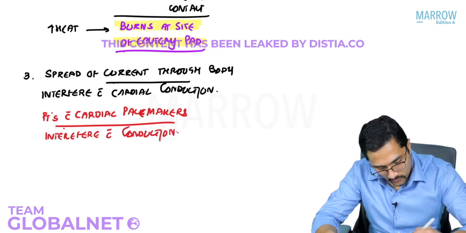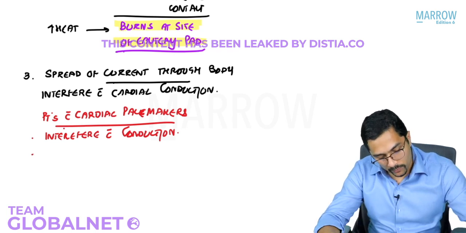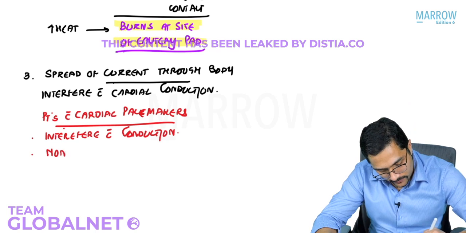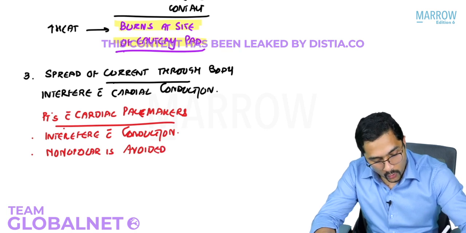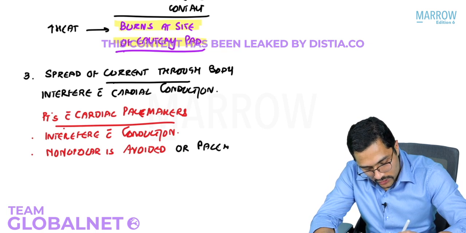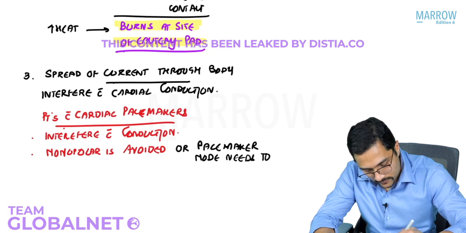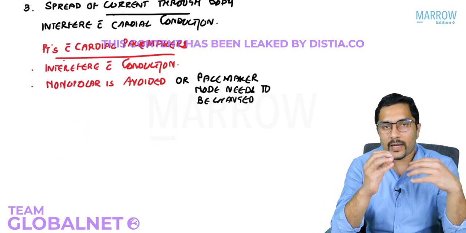So, in a patient with a cardiac pacemaker, monopolar cautery is avoided so that there is no abnormality in the conduction, or the pacemaker mode needs to be changed, right? Why is a pacemaker put?